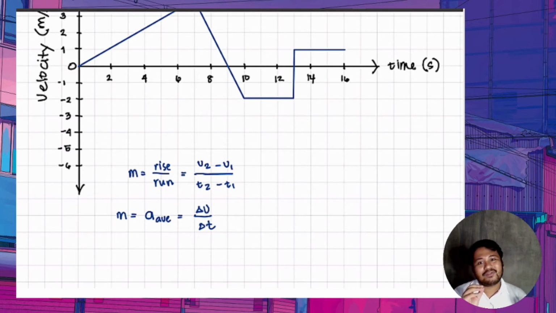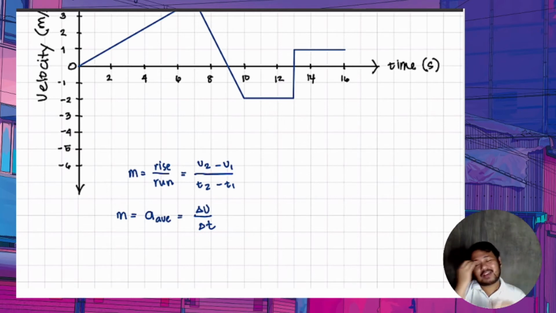If positive ang ating velocity, tapos positive ang acceleration, dyan mo palang masasabi na, my particle should be speeding up towards the positive x direction. Pero, if you have a negative velocity, tapos negative din acceleration, speeding up din yun siya. Pero, it is moving towards the negative x direction. See, nakita mo ngayon na, if negative ang acceleration ko is, hindi pala kaagad slowing down.